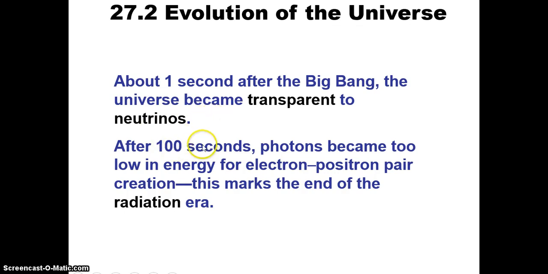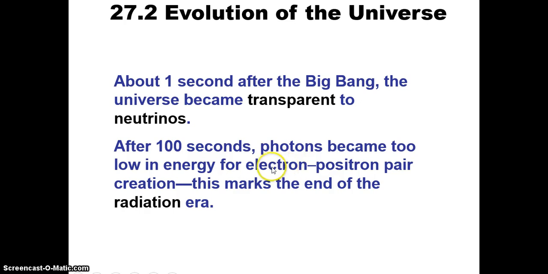About 100 seconds after the Big Bang, photons become too low energy for the electron and positrons. So basically, after that time, all the electrons that are ever going to be are created at that moment.